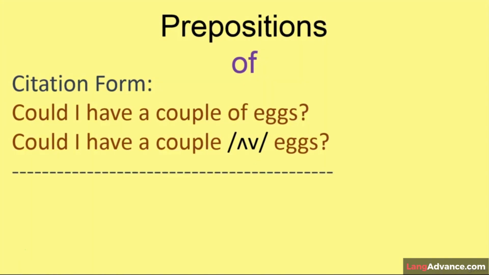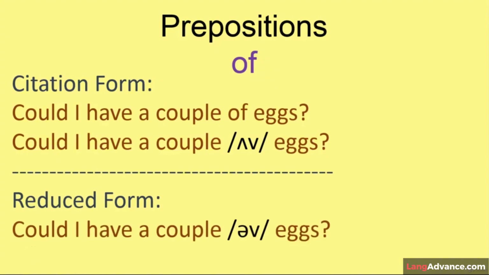However, there is a difference in how we reduce the preposition "of" when the word that comes after begins with a vowel. And in this sentence, the word begins with E, and we do not drop the V sound when the following word begins with a vowel.